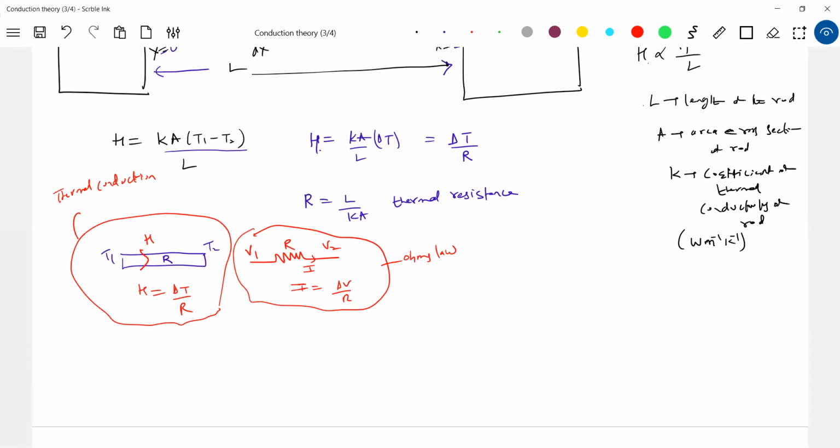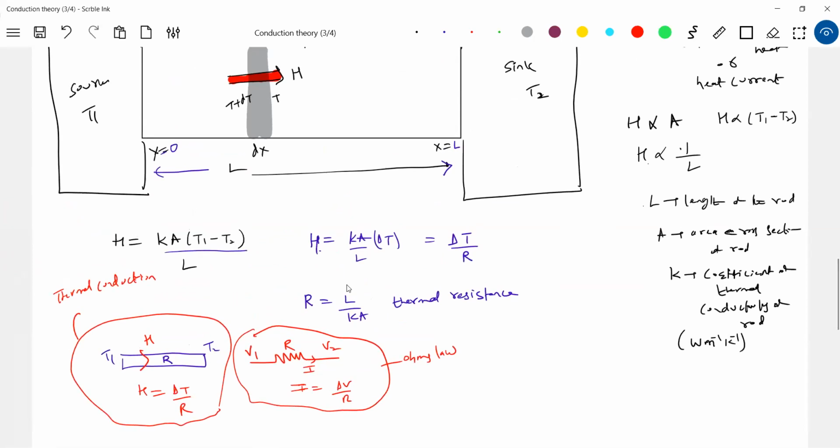Now, the same equation in differential form, we write like this: dQ by dt equals minus K A dT by dx. Why this negative sign? Because there's a temperature gradient.